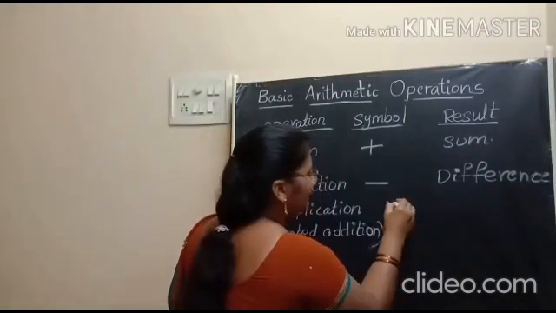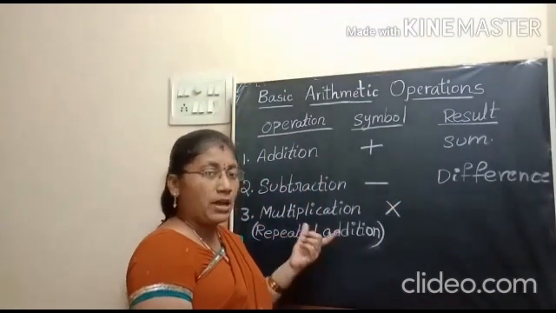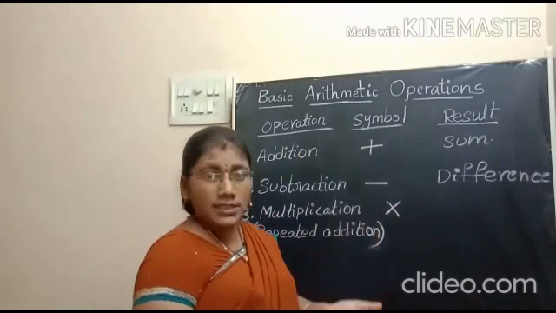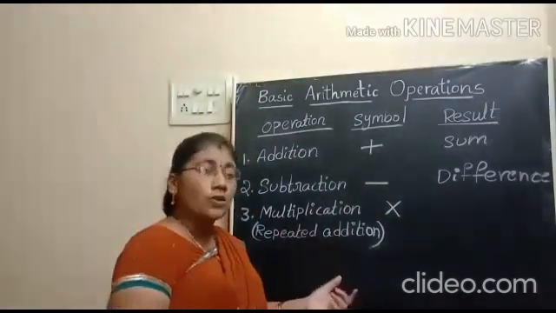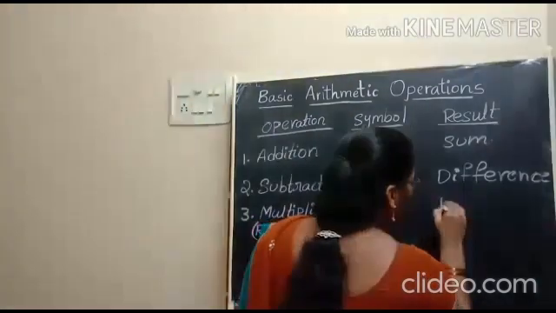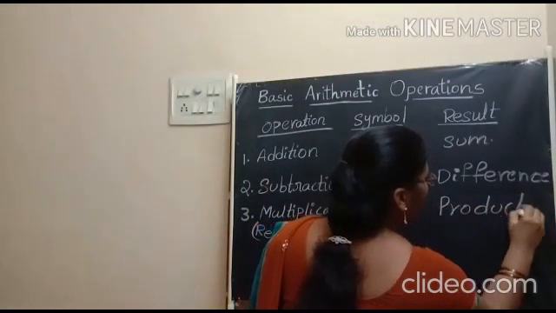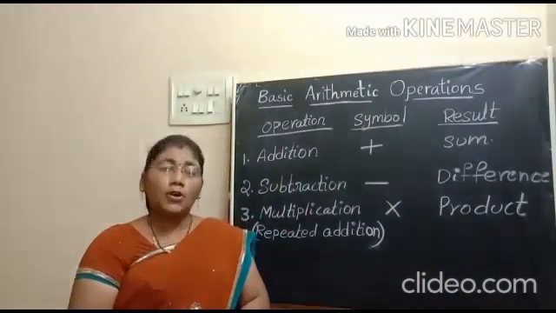What is the result? The result of multiplication is called product.